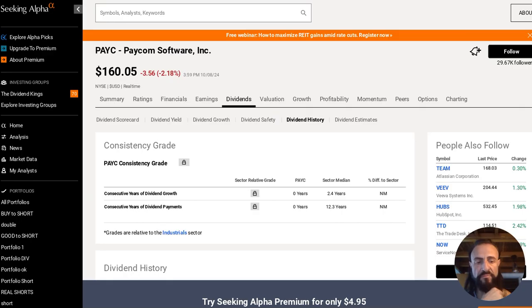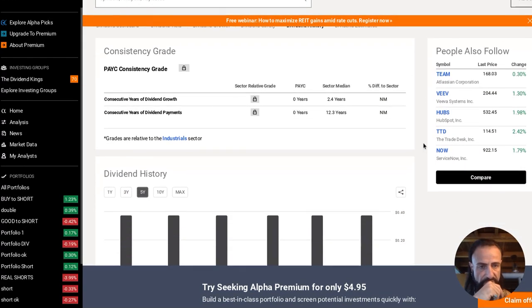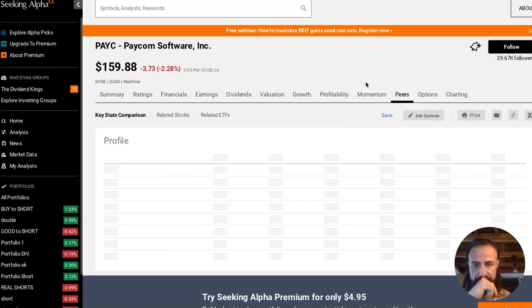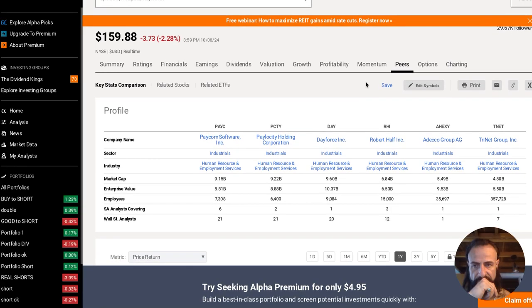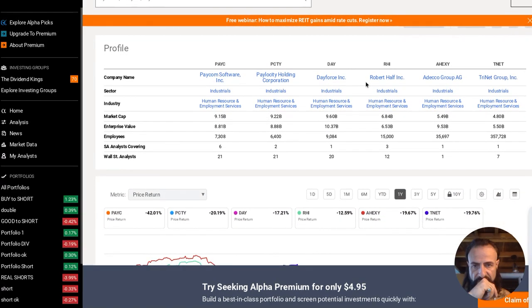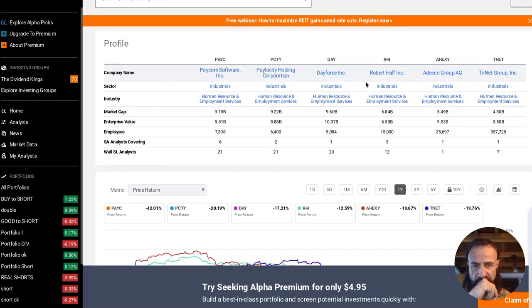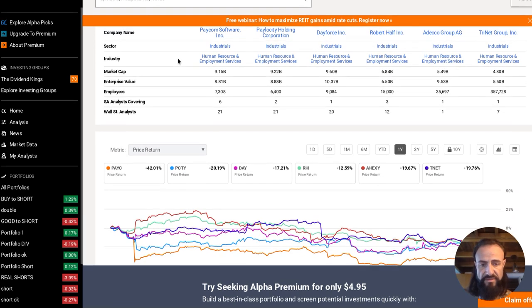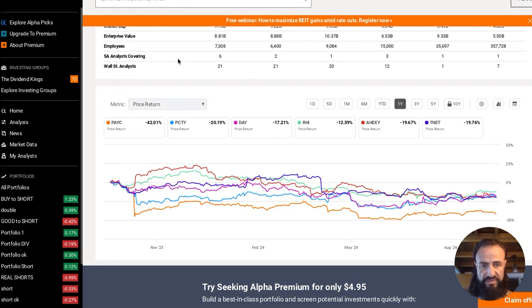I mean, it might be competitors for the stock, but I was looking for the, let's see, the peers. Adecco, Dayforce. I don't know, Robert Half. Those could be companies too.